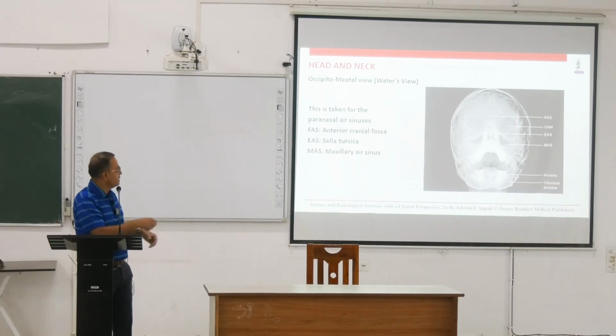For example, in this OM view X-ray, we see the paranasal sinuses, right side and left side, the maxillary sinuses, pretty well. And you see a complete black shadow, which looks triangular or pyramidal. So this is a normal healthy maxillary sinus that should look like this on the right side and left side.